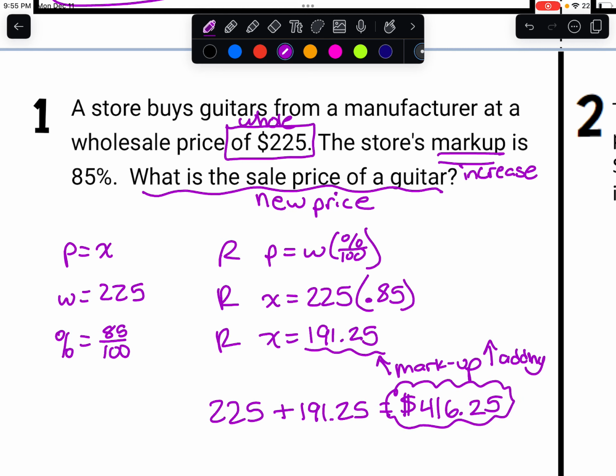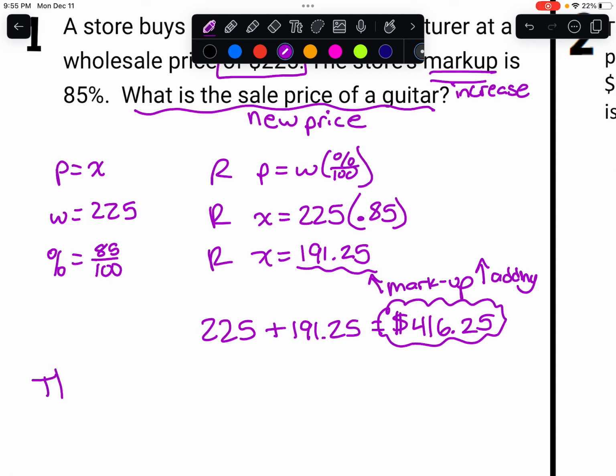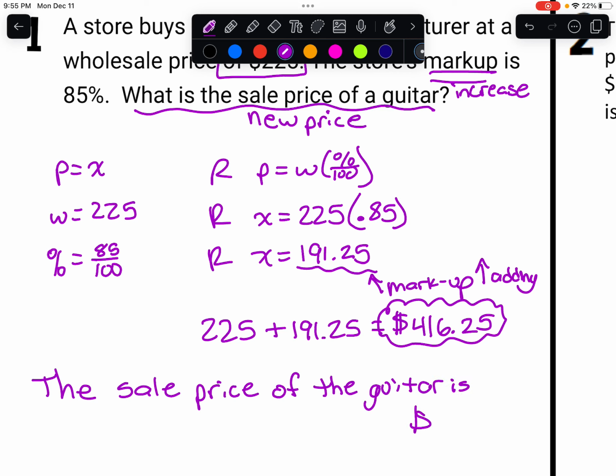We can write a target statement that says the new or the sale price of the guitar is, and then we could put our price there, $416.25. Now that makes sense because it's higher than the original.